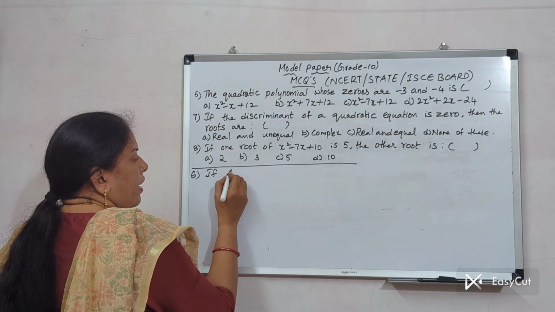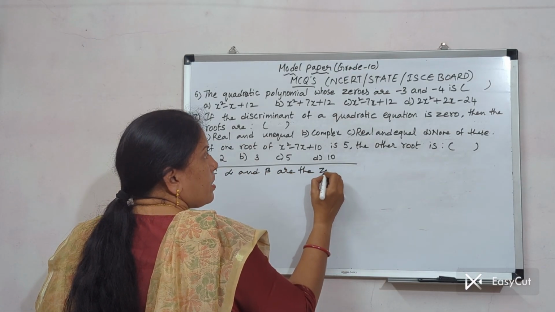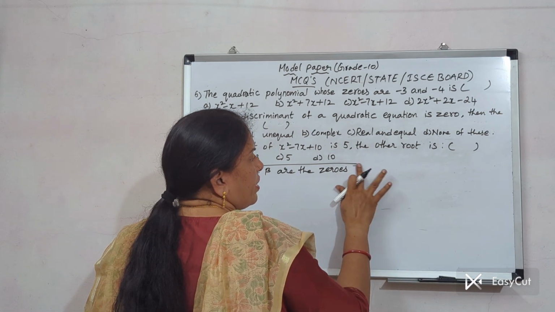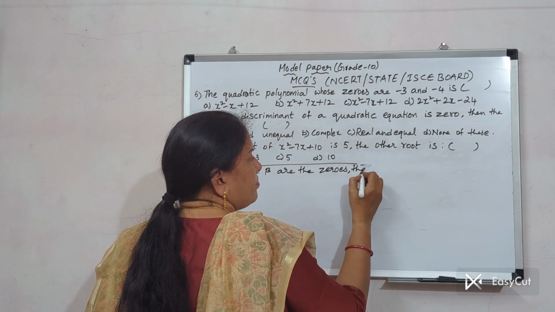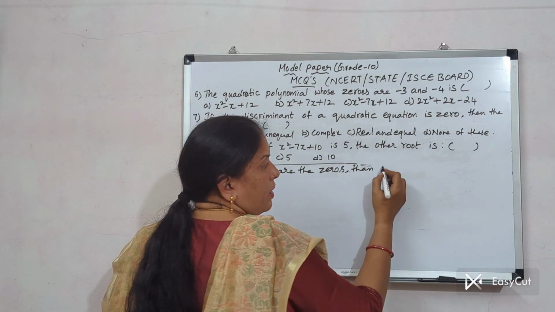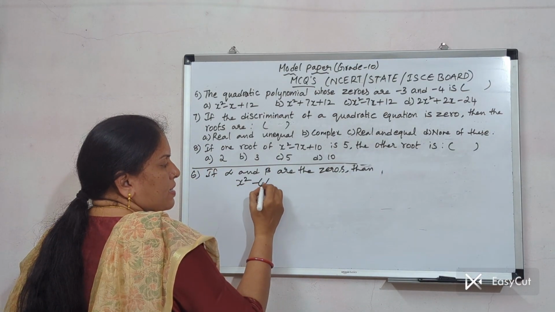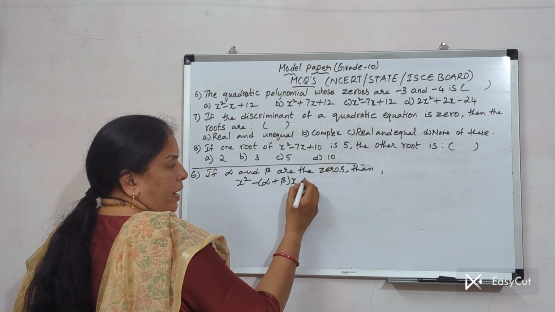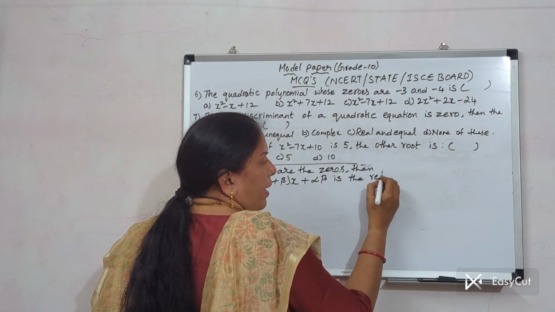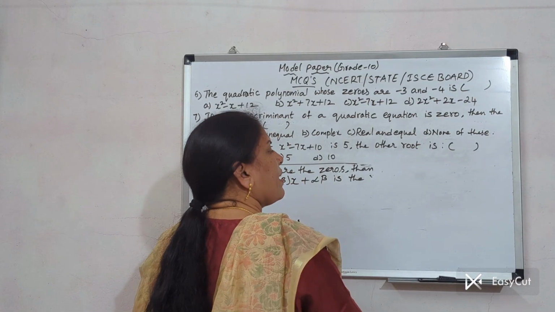Write down here: if alpha and beta are the zeros of the polynomial, then x square minus (alpha plus beta) into x plus alpha beta is the quadratic polynomial.